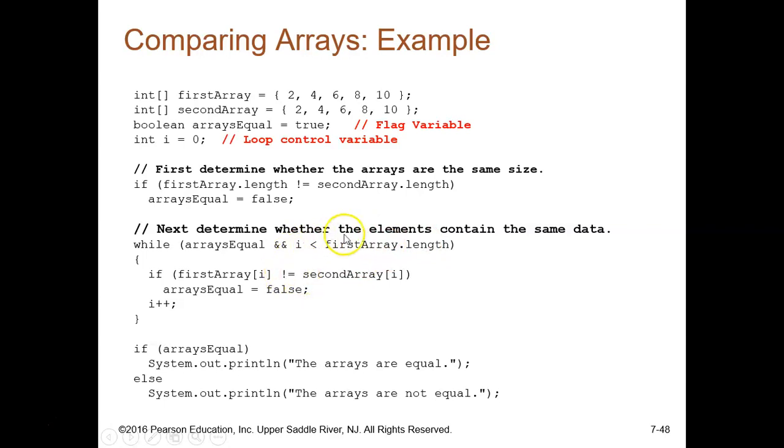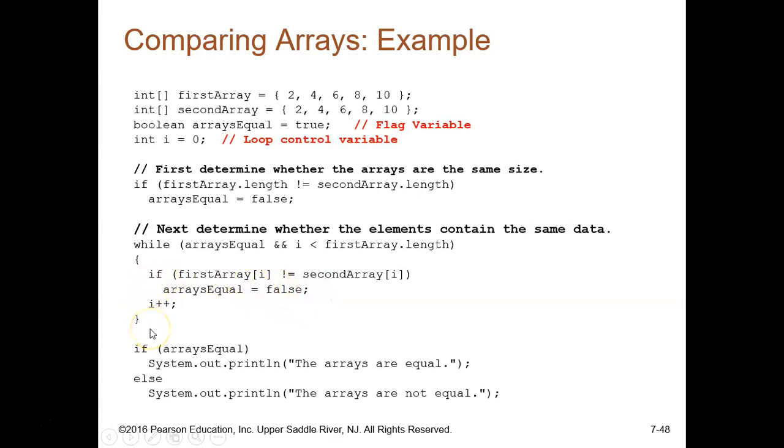And it will continue back and forth until it finds one of these that is true, to where the first array element is not equal to the second array element in the same positions. Then it will make arrays equal to false, and then it will come down and increment again, and obviously this stays false at that point.